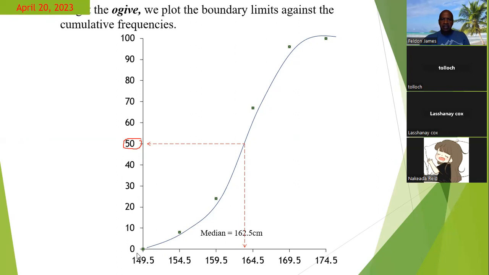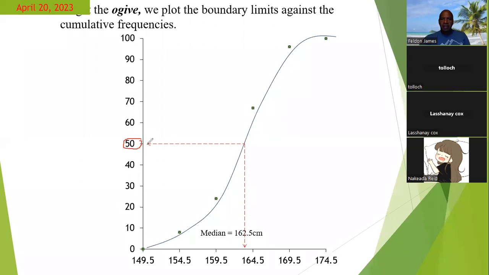All right, so it is the value that you get when you find the mid value on your cumulative frequency and correspond it to the value on your x-axis.